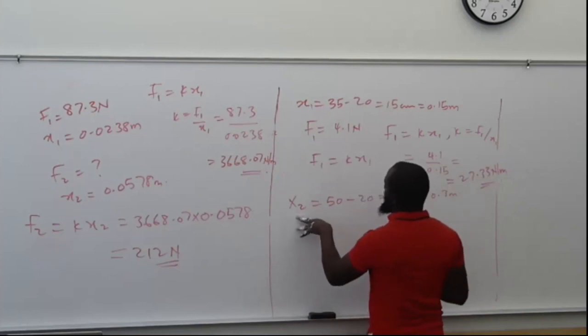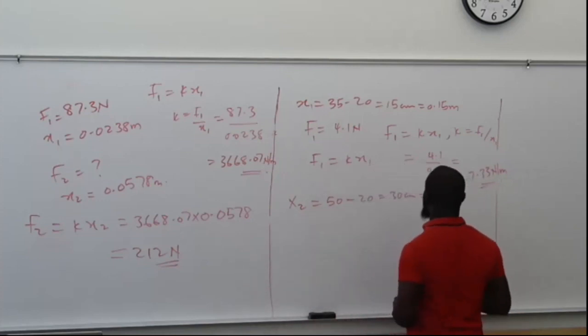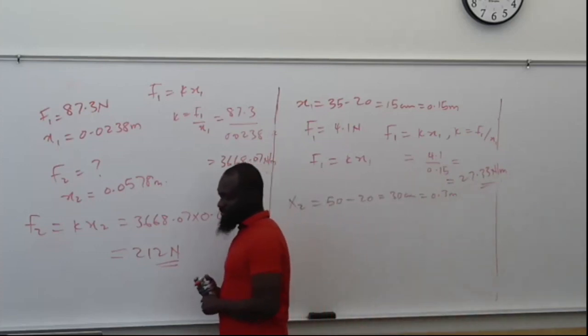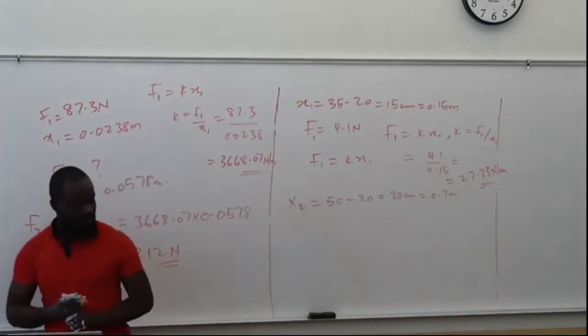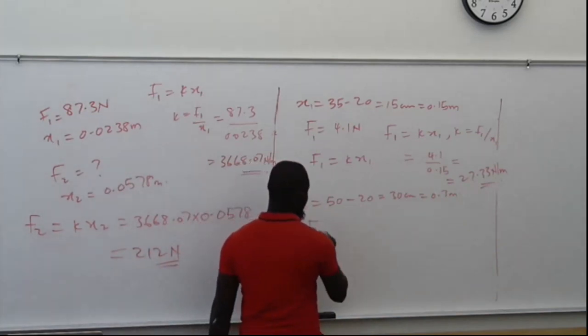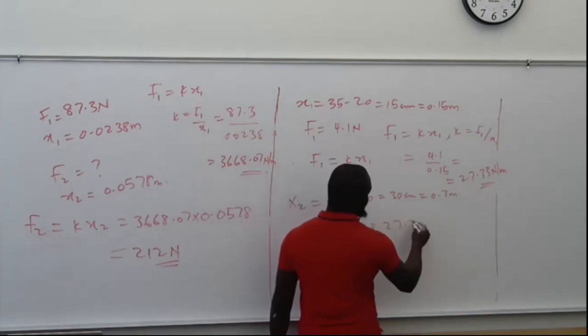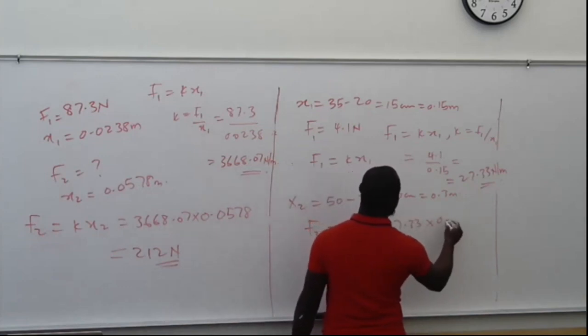Now, a force elongated it to 50 centimeters. So that force F2 is kx2. We've already gotten our k, so 27.33 times 0.3.